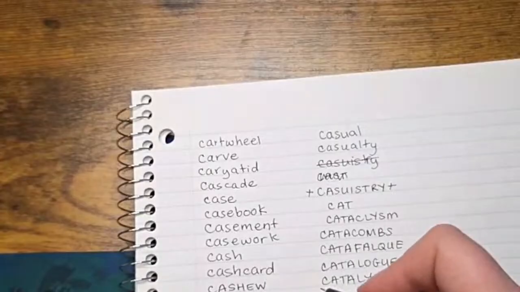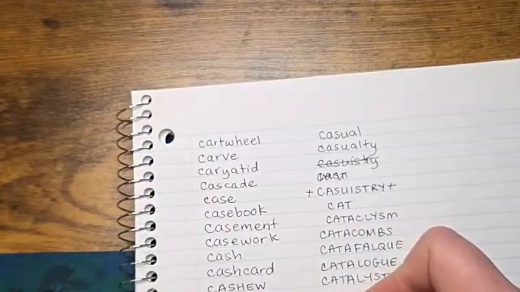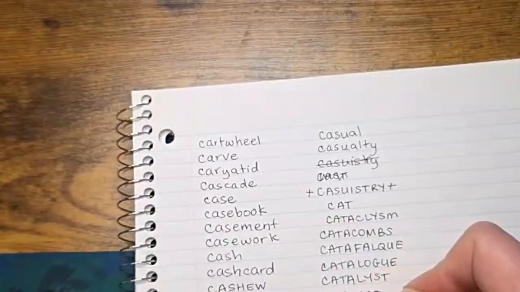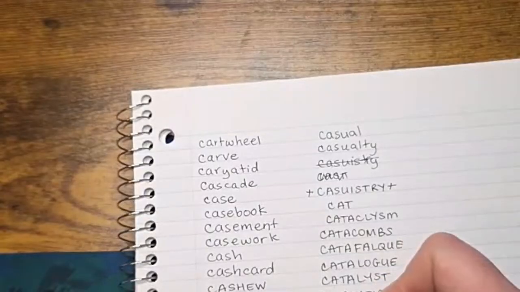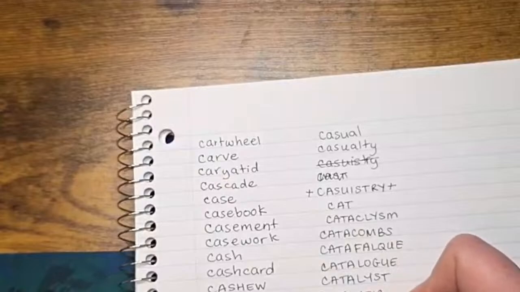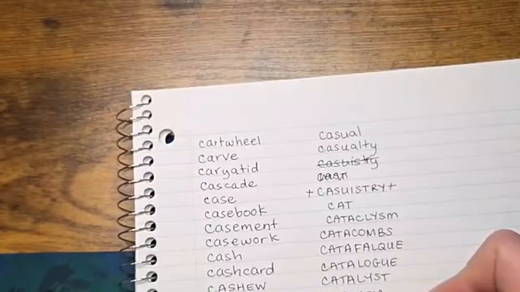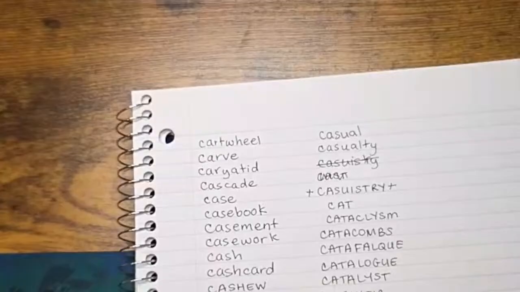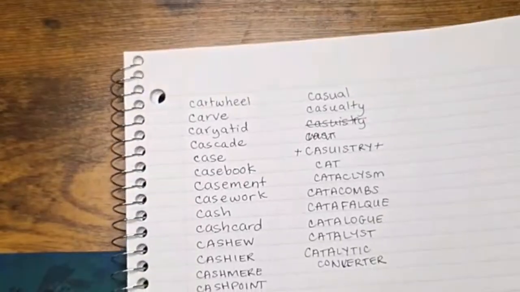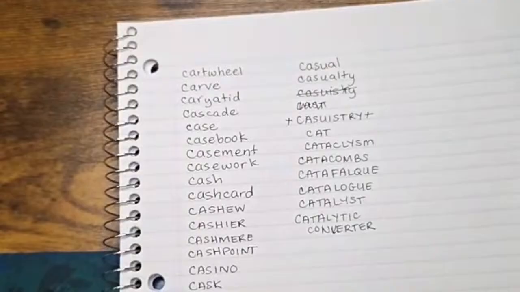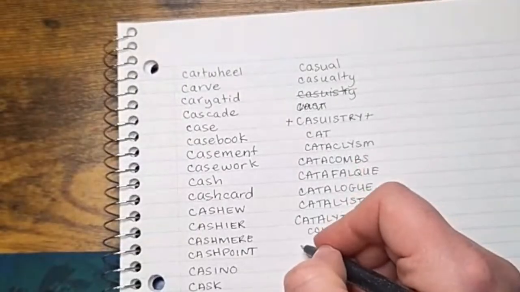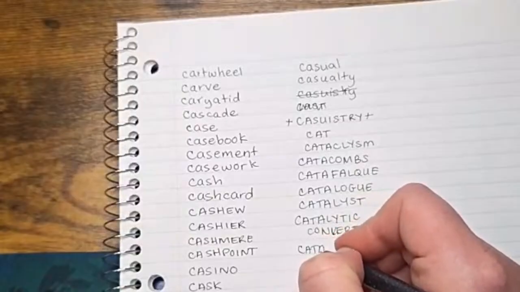And then we have catalytic converter. Oops, that's a V. Converter. All right, let's move up the book so you can see what I'm writing. Catamaran.